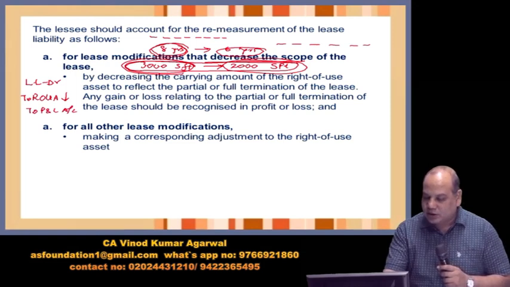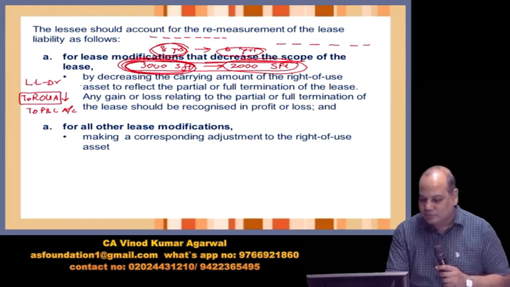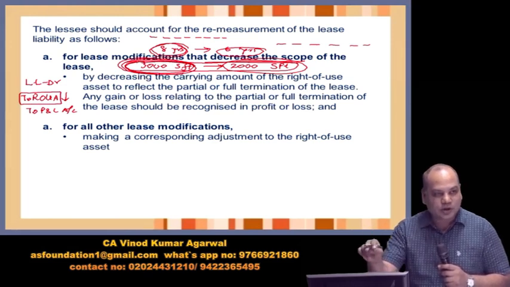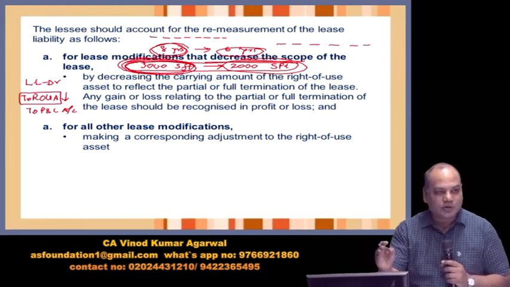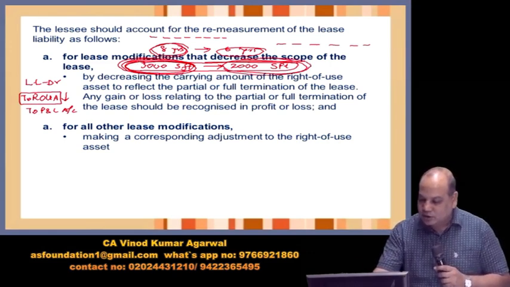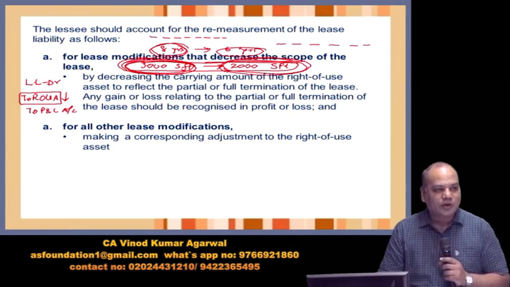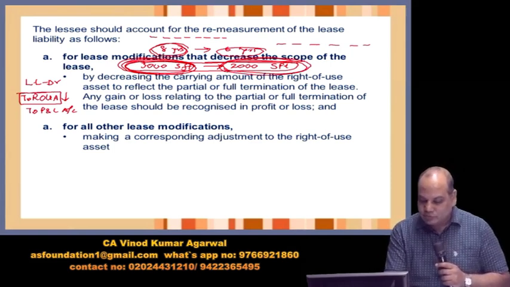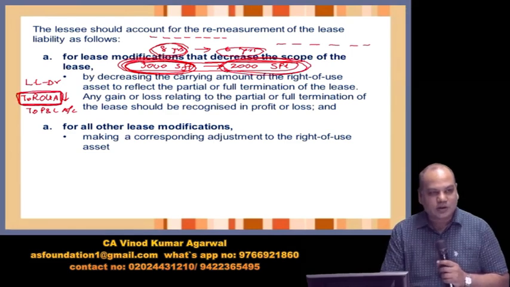So if the carrying amount of the asset, this ROUA, on the date of modification is 3 lakh rupees for 3,000 square foot, then if the area changes to 2,000 square foot, what will we do? We will reduce the carrying amount of the right of use asset proportionately.